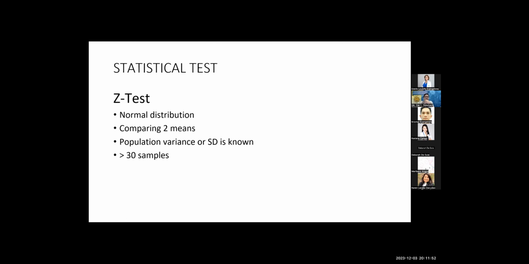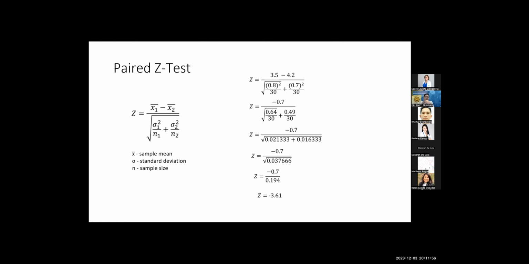So next we find the z-value of our sample with this given formula, under the z-test, where z is equal to sample mean 1 minus sample mean 2 over the square root of standard deviation 1 squared over sample size 1 plus standard deviation 2 squared over sample size 2.